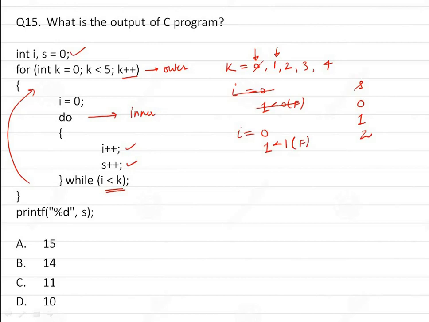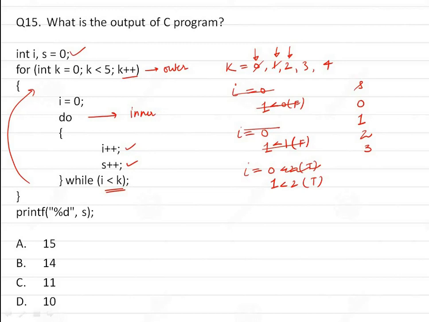So we will go back, the value of k will become 2. Again we will start the inner loop from I equal to 0. First we will enter, so I++ is 1, s++ is 3. 1 is less than 2, yes, this is true.